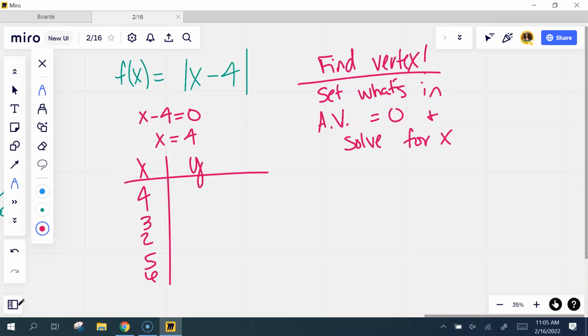What is it? 4 minus 4, and the absolute value of 0 is 0. How about 3 minus 4? -1, and so then it gives me +1 because it's the absolute value. How about 2? 2, 5, 6. Let's graph it.